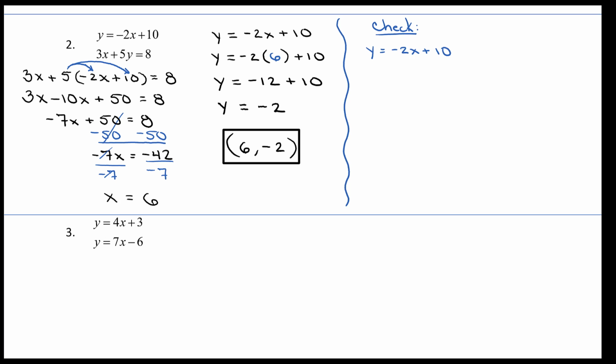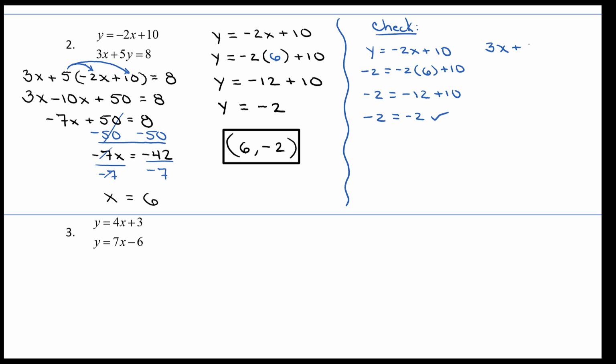Instead of y, we're going to substitute negative 2. So it'll be negative 2 equals negative 2 times 6 plus 10. So this says negative 2 equals negative 12 plus 10. Negative 2 equals negative 2, and that is a true statement. Therefore, yes, it checks out in our first equation.